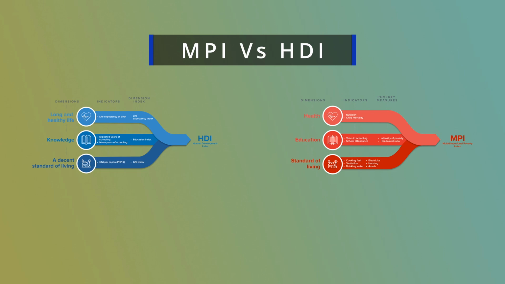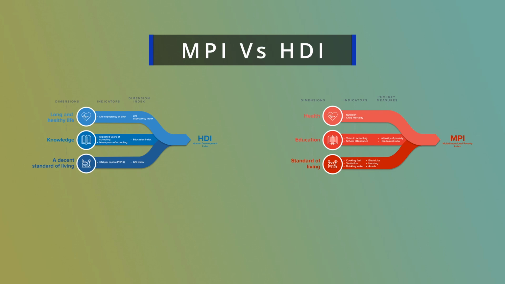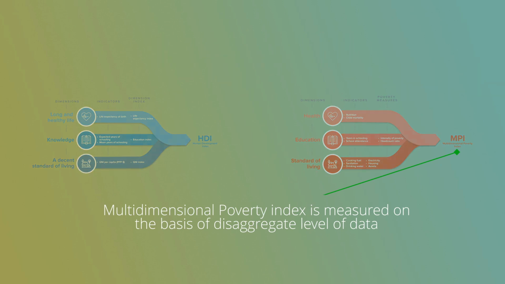But the Human Development Index is based on aggregate data. On the basis of the aggregate value of different indicators across countries, UNDP measures the Human Development Index. Whereas the multidimensional poverty index is measured on the basis of disaggregated data, that is, household and individual specific information.